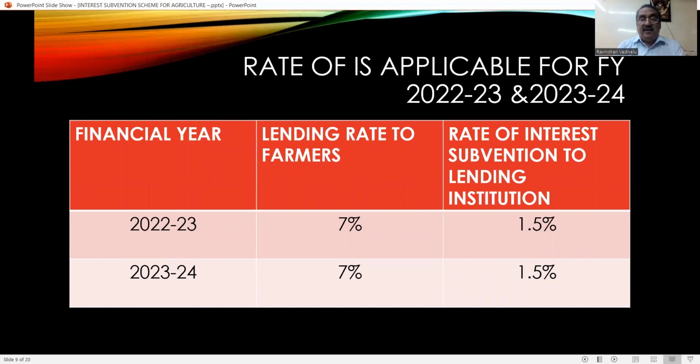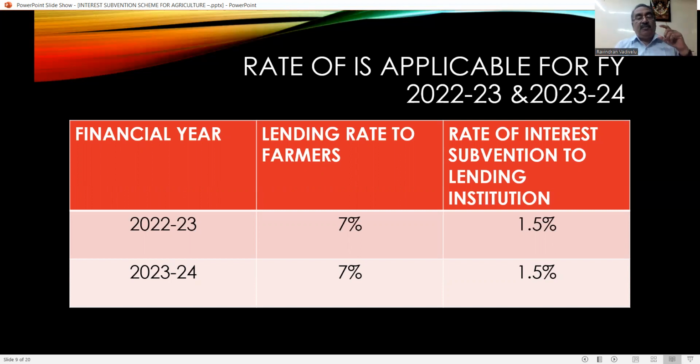This is the rate that the RBI has prescribed for the financial year 22-23 and 23-24. So the lending rate should not exceed 7%. So in that 1.5% for the above calculation, you have to do it. And 23-24 also it is 1.5%. Before 22-23, that is for the financial year 21-22, the rate of interest subvention is 2%. Now it has been reduced to 1.5%.